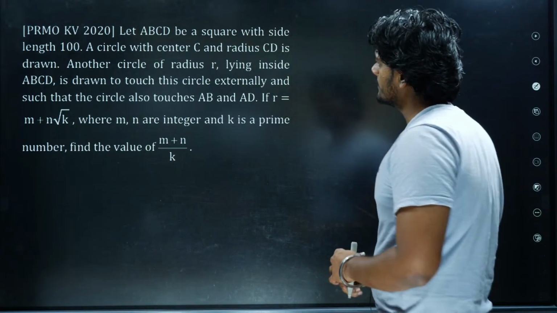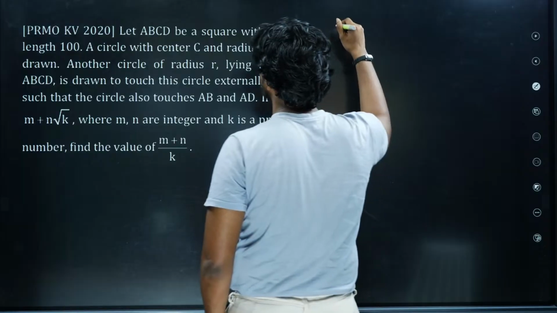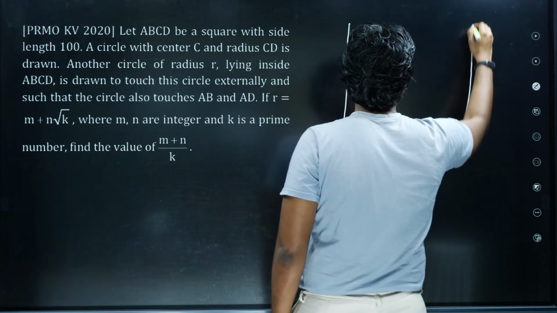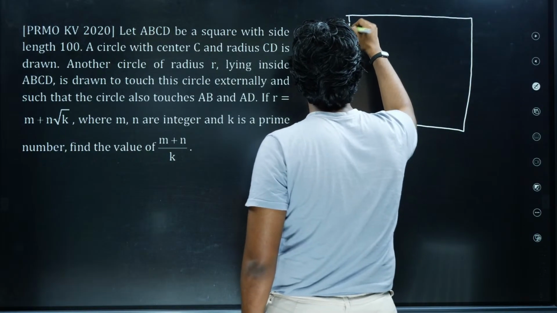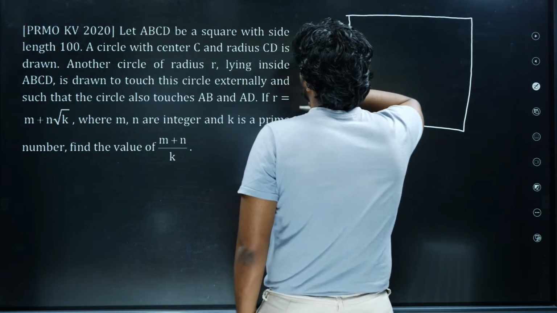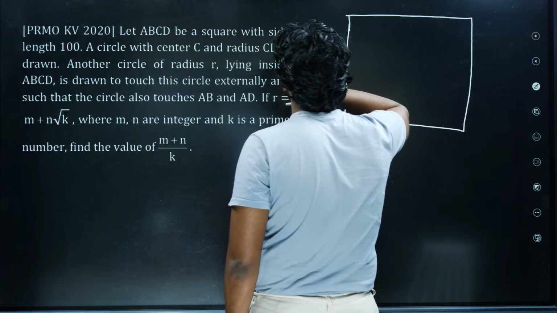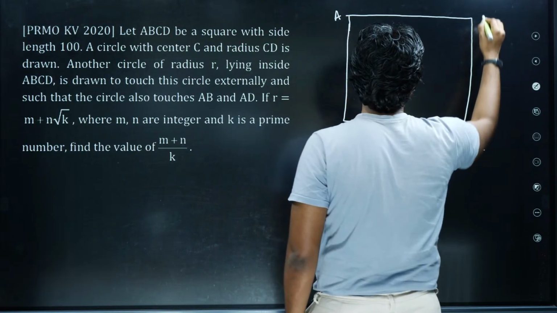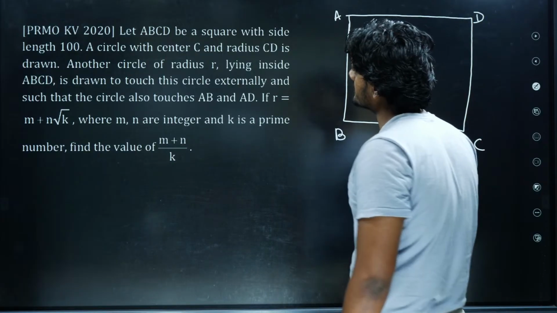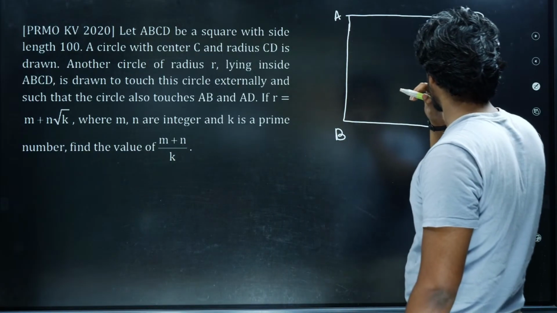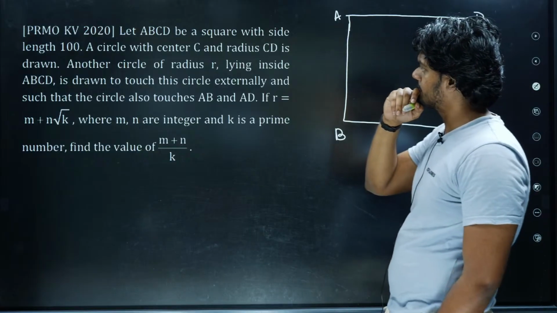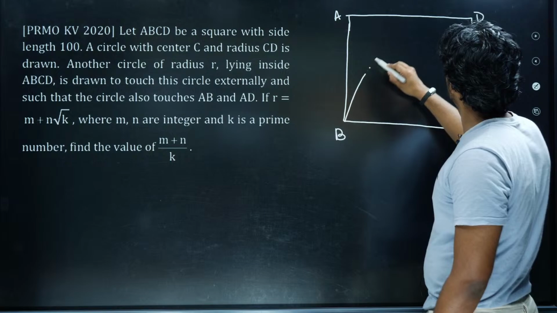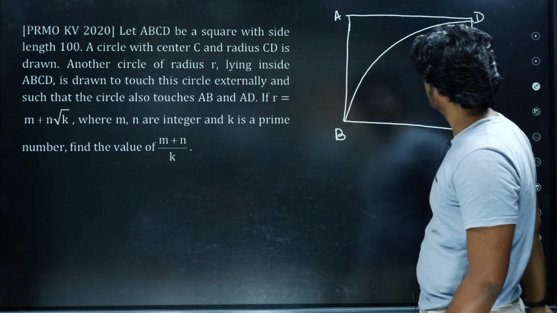ABCD is a square with side length 100 units, I suppose. A, B, C, D. And then a circle with center C and radius CD is drawn. So that would be like this.